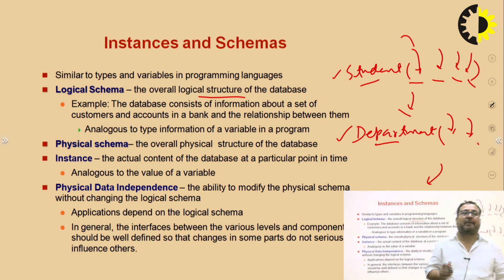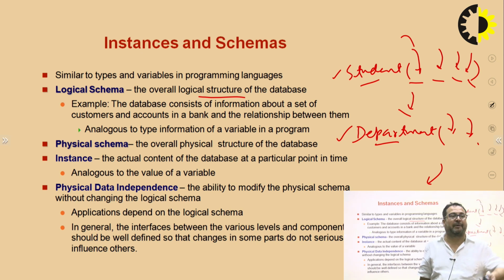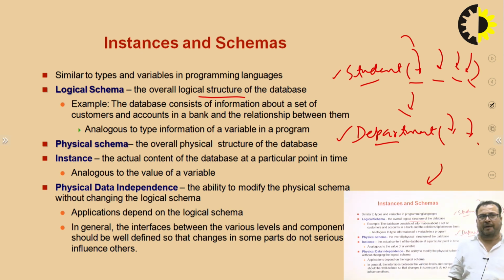Similarly, the department relation is there. So if a relation is going to relate to another relation, this can be done by some common attribute. Here, for student and department, the common attribute is department ID. So here the constraint is that a student cannot exist without a department.